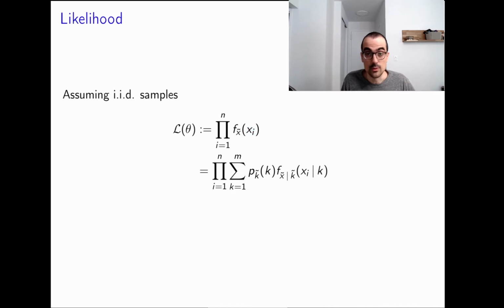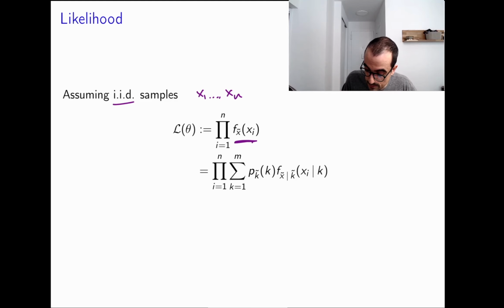So what do we need to do? Remember, in the mixture model, if we want the marginal of the continuous random variable, so in this case x is the continuous random variable, or rather vector, which is what we observe. Okay, we are observing x1 to xn that are samples from this random vector. Here we're assuming IID.